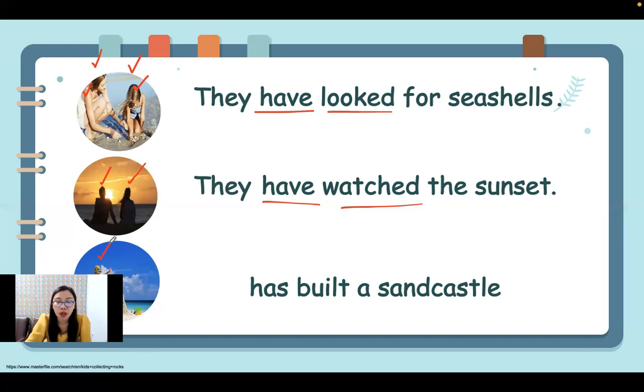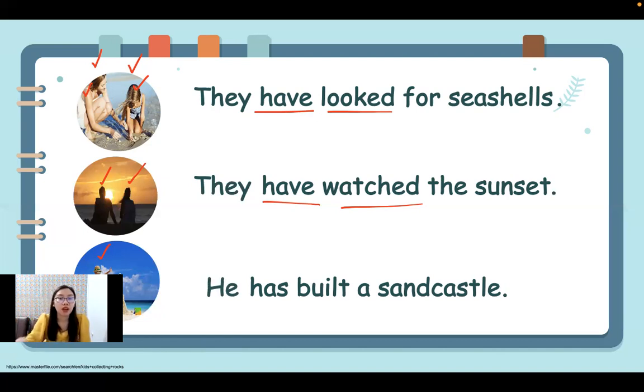So we can say, what is his name? Bob. Bob has built a sandcastle. Mark has built a sandcastle, or he has built a sandcastle, or we could also say the boy has built a sandcastle.